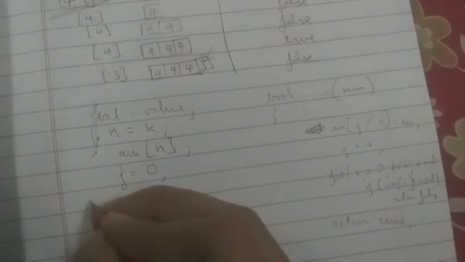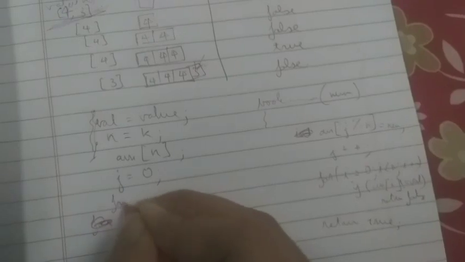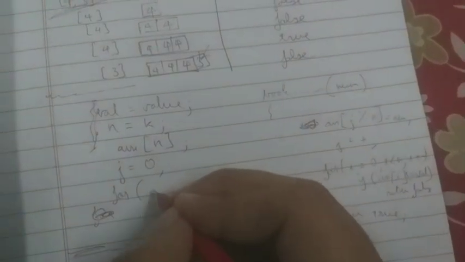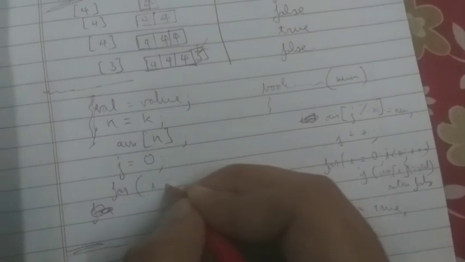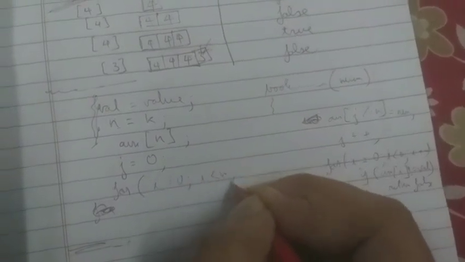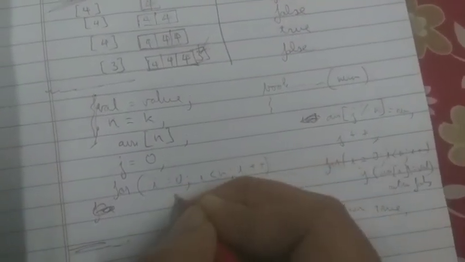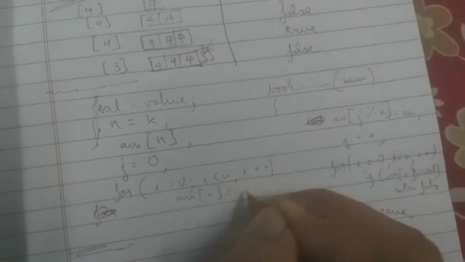And in the constructor function, if you're an OOP language coder, you have to initialize ARR of n. With i equals 0 to i less than n, i plus plus, you make all the array elements -1, because you never know, what if the value is 0.